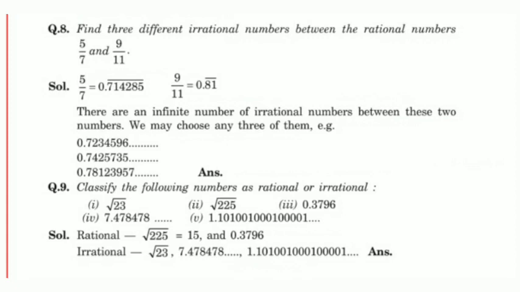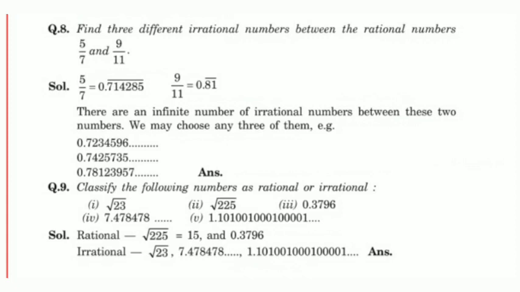That's why the second and third are rational numbers and the remaining are irrational. Root 23 is irrational, because the root of a non-perfect-square number is always irrational. The fourth and fifth are non-terminating and non-recurring, so those two are also irrational numbers. So that completes your exercise.